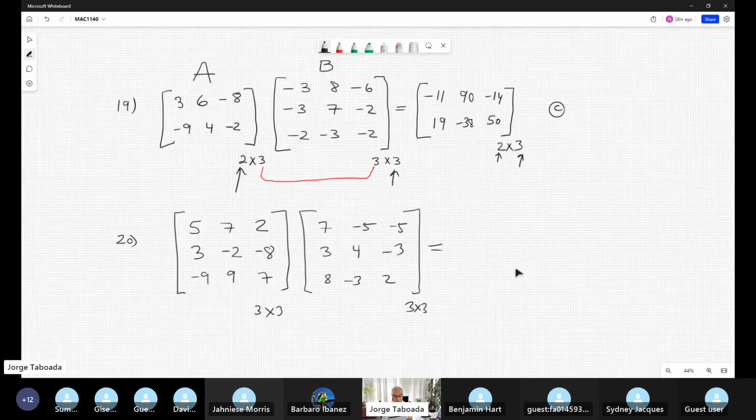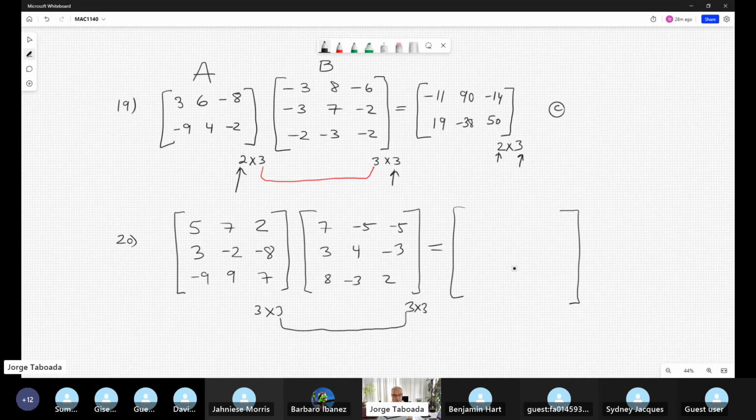Possible, because this number matches perfectly with this. And the matrix you obtain after the multiplication, what is the dimension of the new matrix? The same, 3 by 3. I did it, guys.